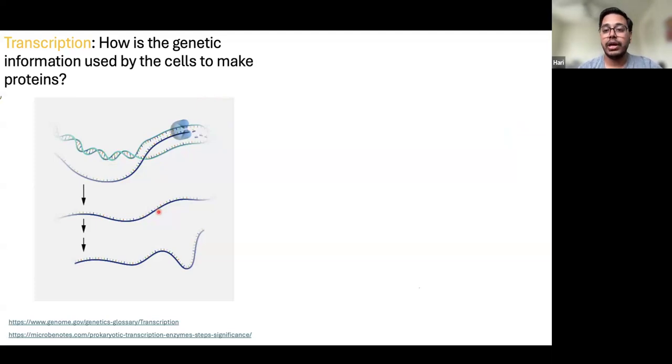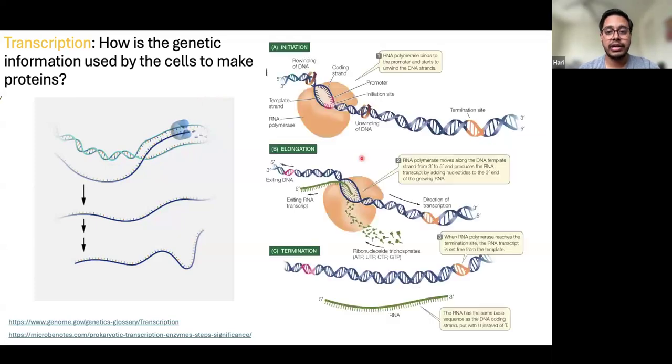We have an enzyme called RNA polymerase that can bind to a certain part of the DNA called the promoter, and it will form the promoter complex, which moves from a closed configuration to an open configuration where it opens that particular section of DNA and unwinds it, and it starts to read the DNA from that particular point.